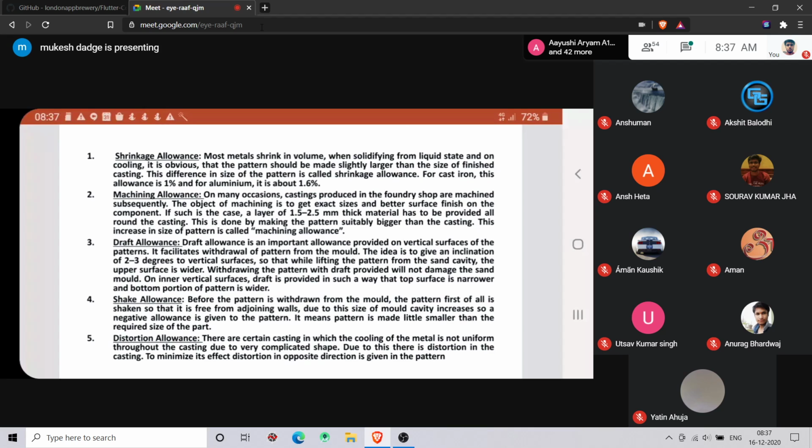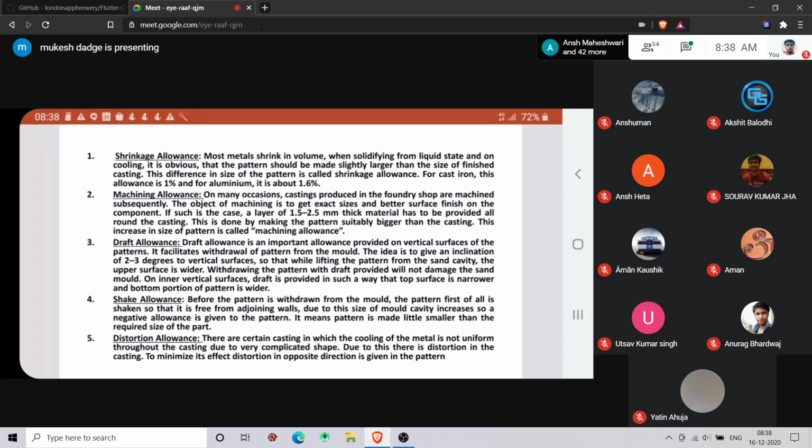Shrinkage allowance: whenever you melt the metal, you can see that its size increases, and if you allow it to solidify, it will contract. जब भी मेटल हीट करते हैं उसका वॉल्यूम बढ़ जाता है, और सॉलिडिफाई किया तो उसका वॉल्यूम श्रिंक हो जाता है. So concerning that difference, you have to add the shrinkage allowance on the pattern.